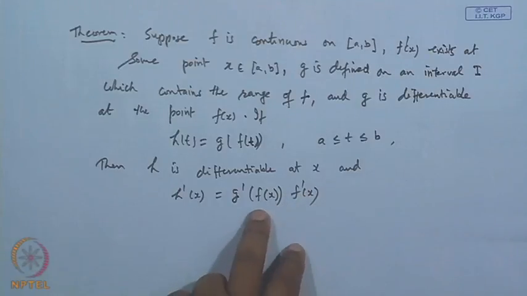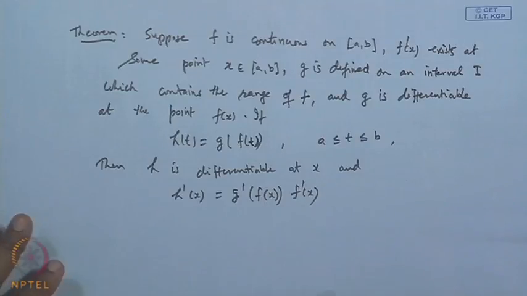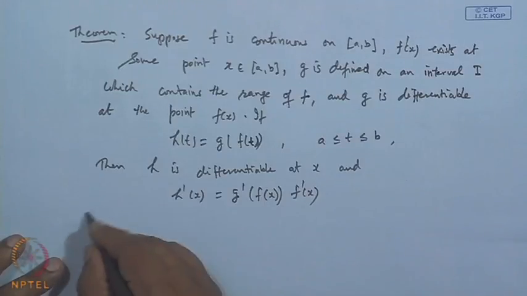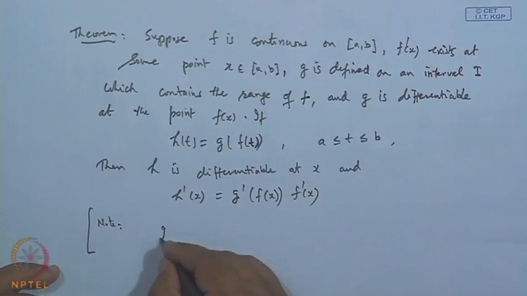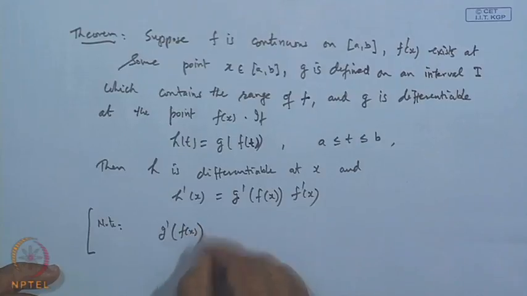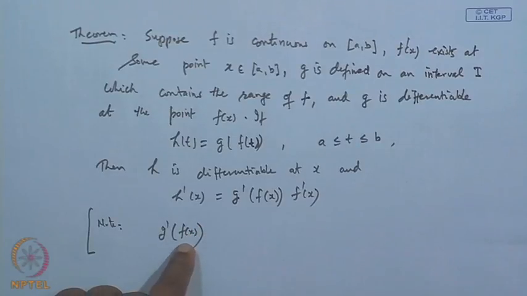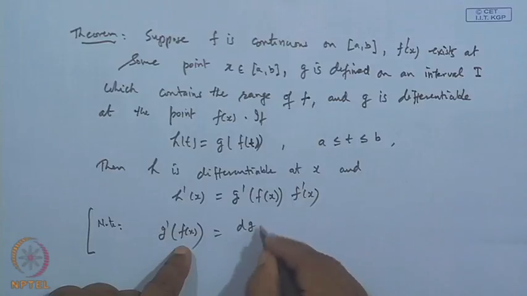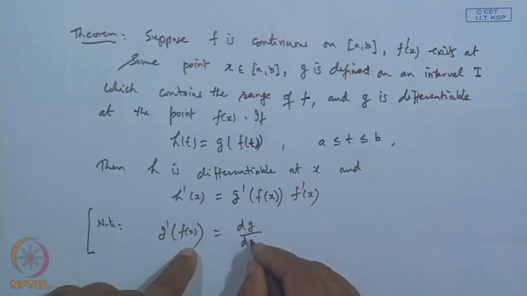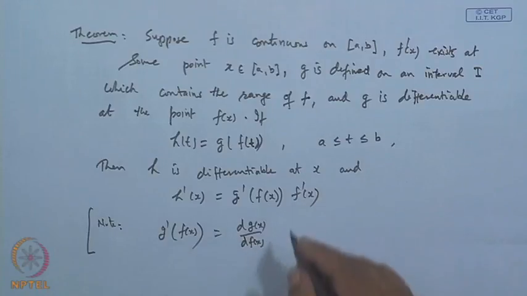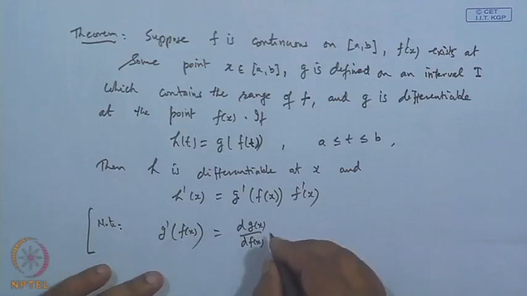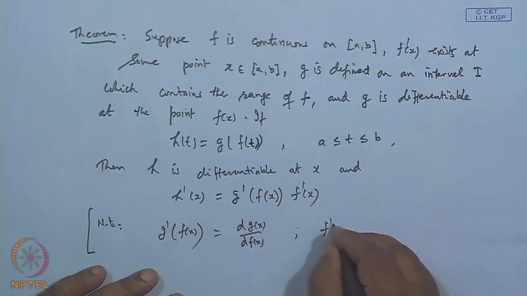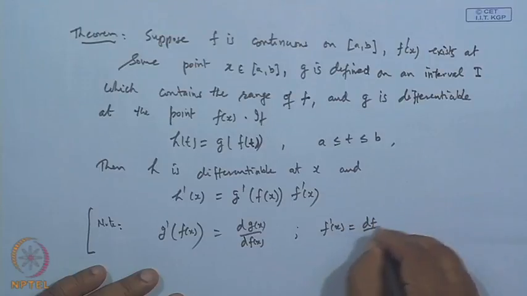Now, remember, I will just explain. Note, when we say g dash of f x, it means we are differentiating g with respect to f, and then f with respect to x. And f dash x is df over dx.